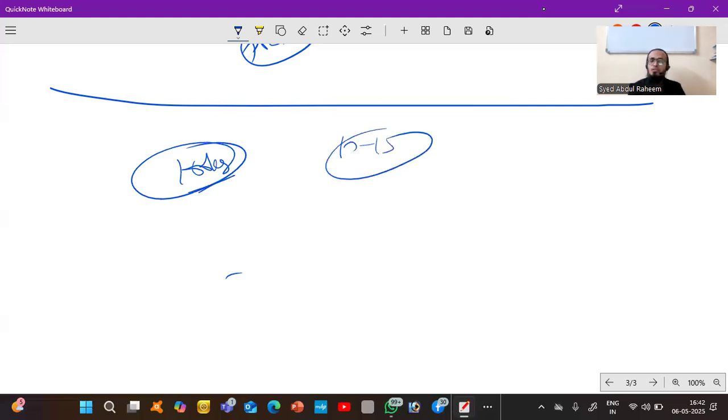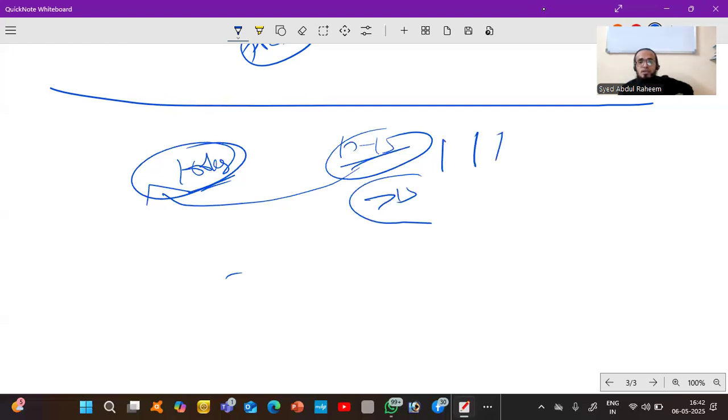After that level, if it increases beyond 15, the body starts giving its effect.